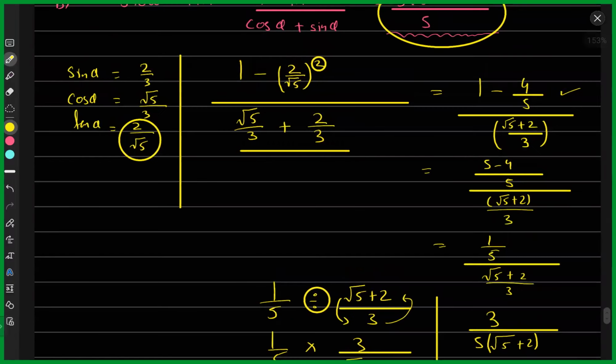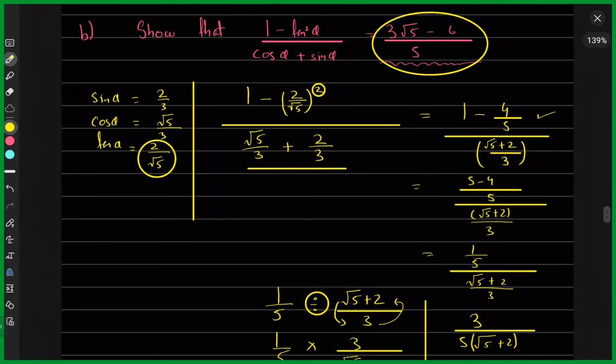Let me just zoom out. Yes. There's one thing that we used to do in order to simplify such things. Whenever we used to have a surd in the denominator, what do we do? It's related to this: a plus b into a minus b.